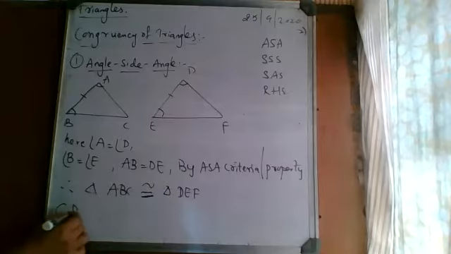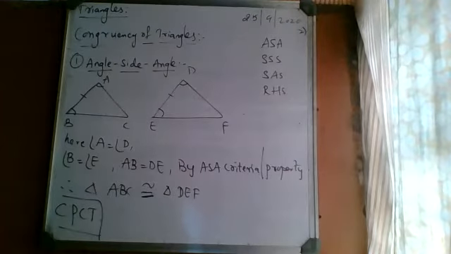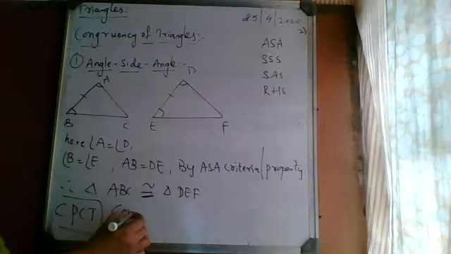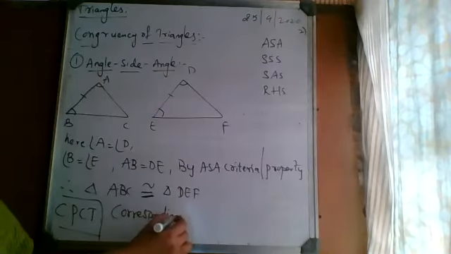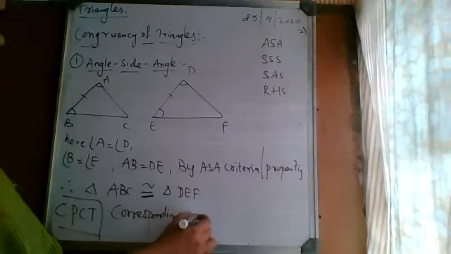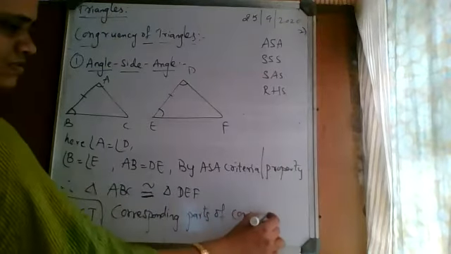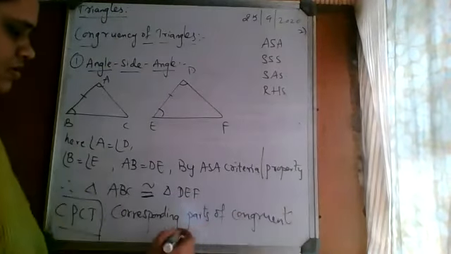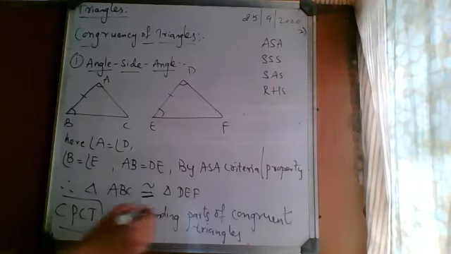Now, what is CPCT? CPCT means corresponding parts of congruent triangles. What is it called? Corresponding parts of congruent triangles.